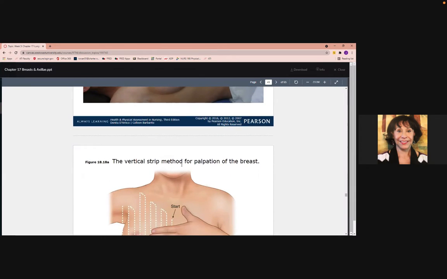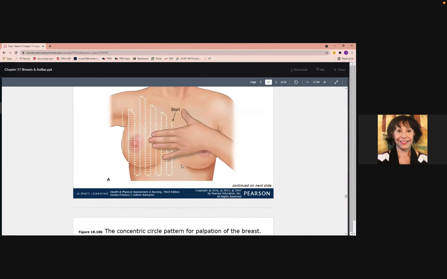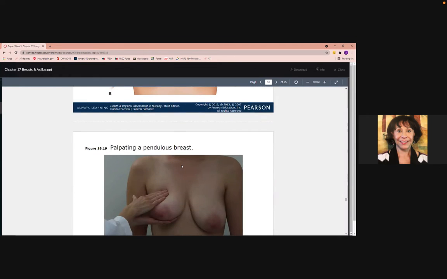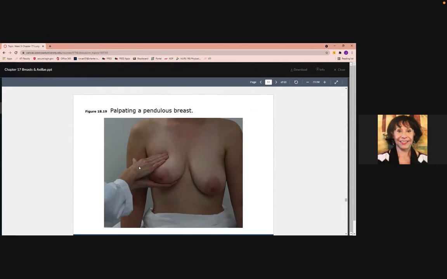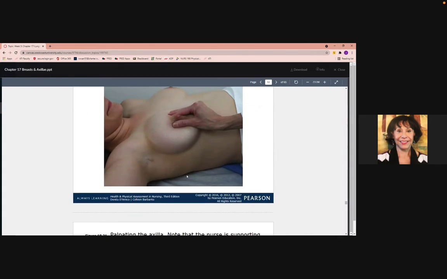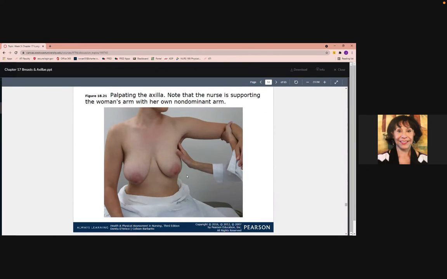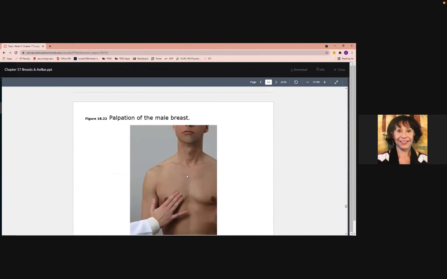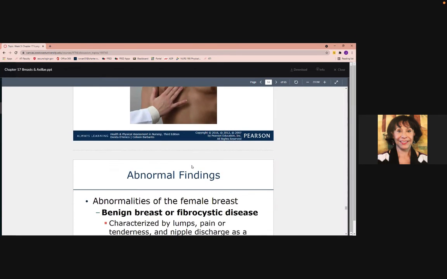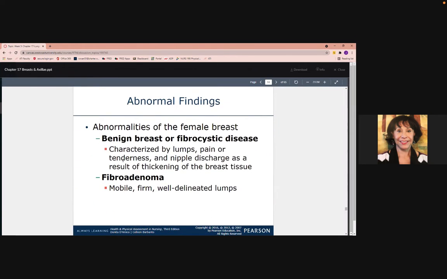No palpation of the breast at all. This is how you would palpate if you were doing it. Pendulous breast. Pendulous means they are sagging in a way. Palpation of the male breast, but again, you are not doing this. This you need to know.